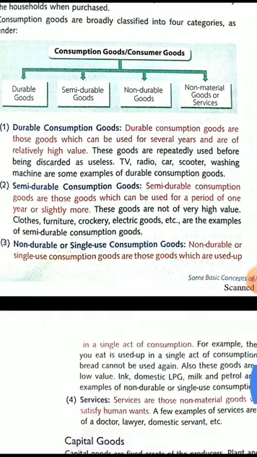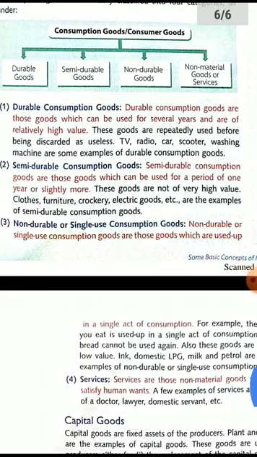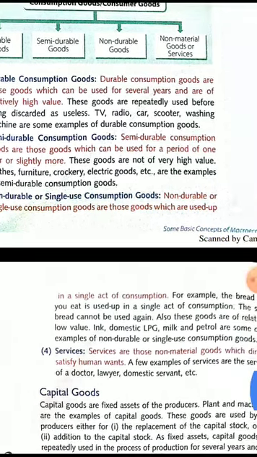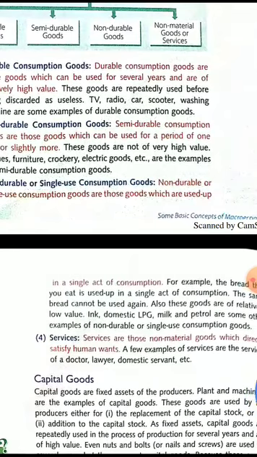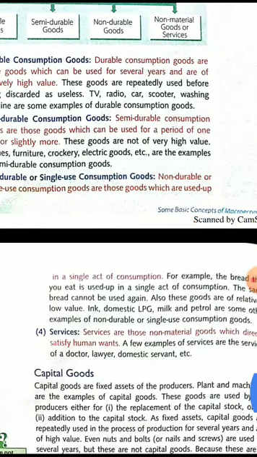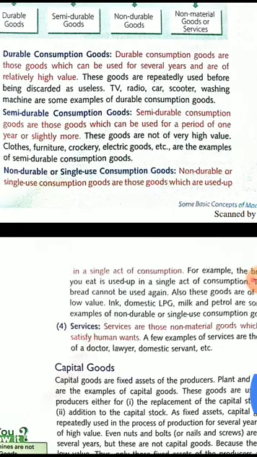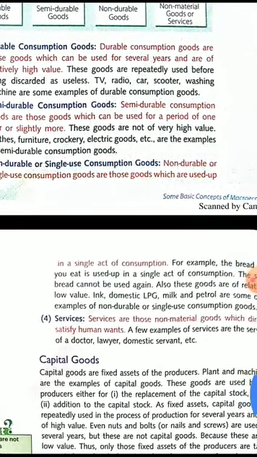After that, the third one is non-durable or single use consumption goods. These are those goods which are used in a single act of consumption. Like if you buy a bread or milk, you will use it as a single unit in a specific period of time. Like if you buy petrol for your bike, you will use it in a single way.